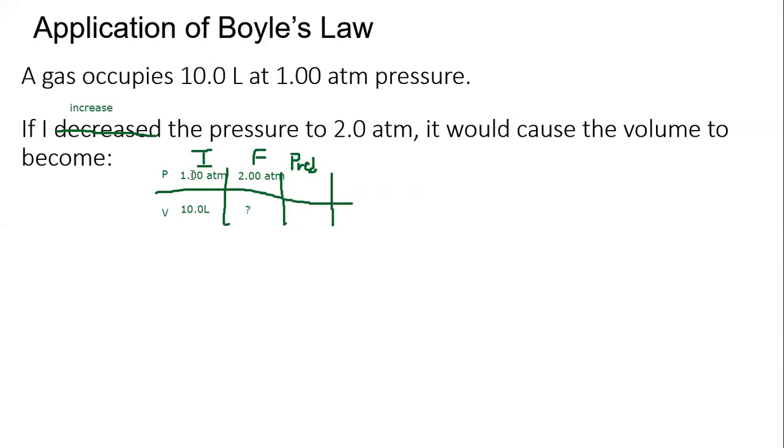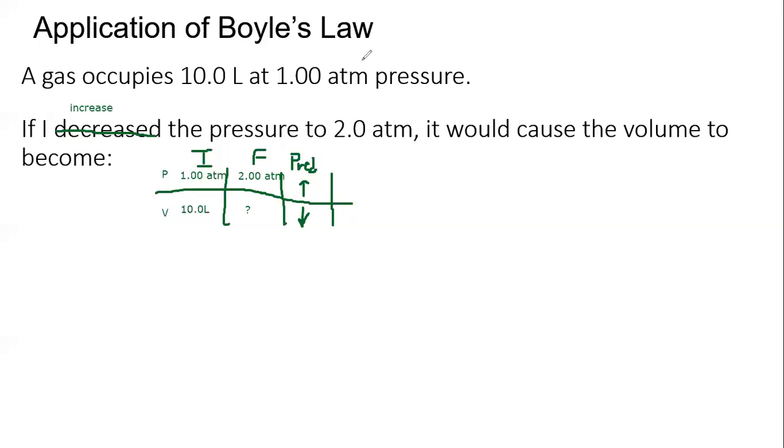So what we know is that pressure increased. So that's our prediction. Pressure increases. So what should volume do? Volume should decrease, because if pressure increases, it's inverse to volume. Volume should decrease. So the volume of our gas should be less than 10 liters.